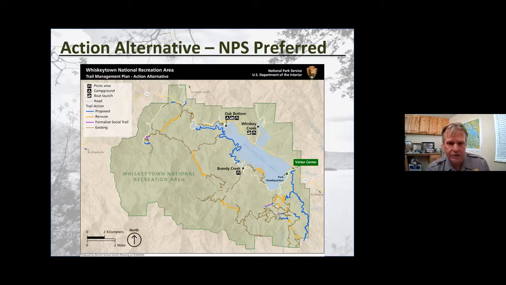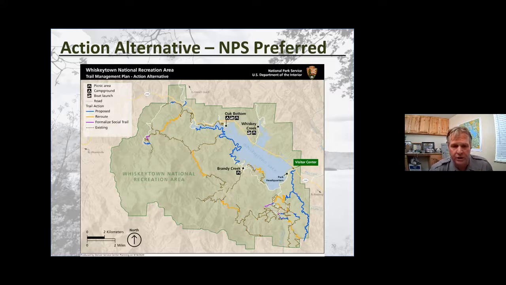I'd like to start with the Lakeshore Trail, which is basically the center blue line that's right along the lake there. This is a new trail proposed for Whiskeytown, and really what it's trying to do is fit a niche that we don't currently have here in the park, and that's good access and riding for road bikes on a paved system.